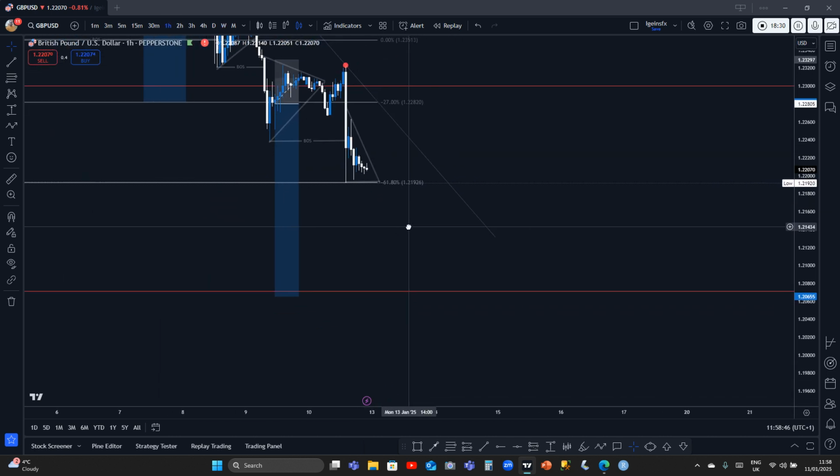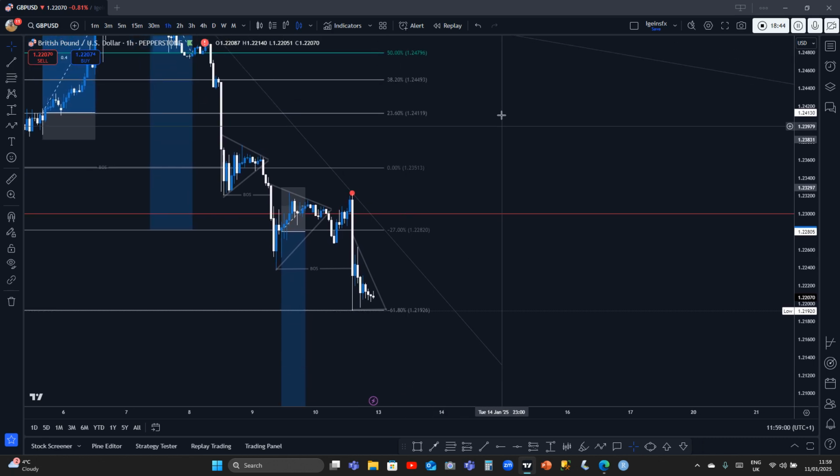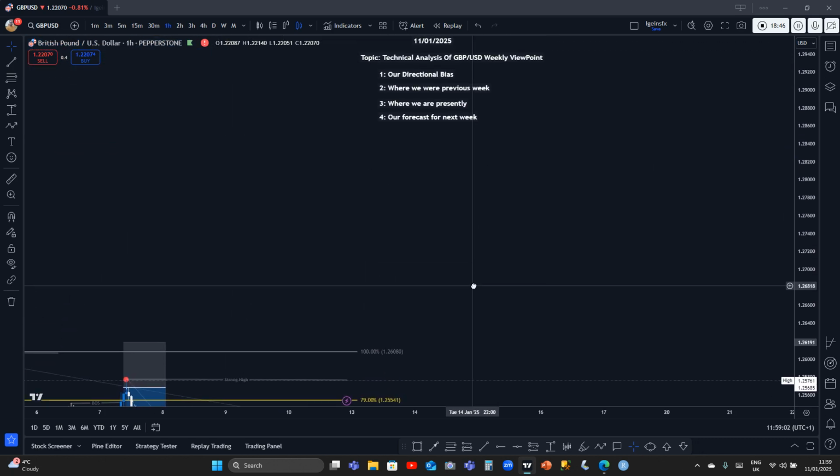So we are expecting price action to come and take out this weekly low. The weekly low needs to go. But will that happen immediately? No, it takes patience and a little time.